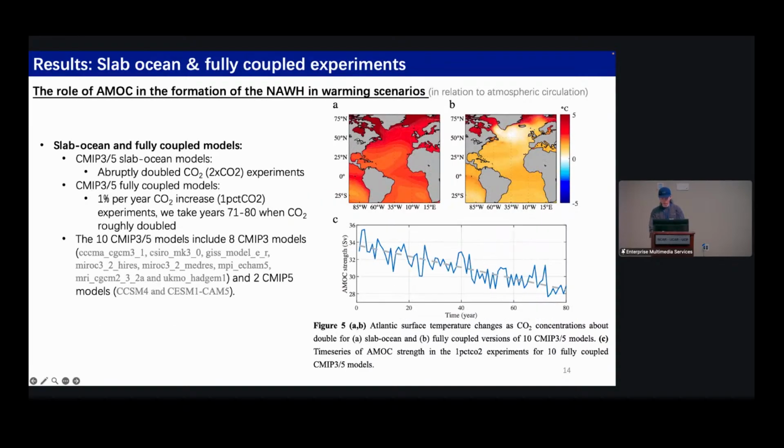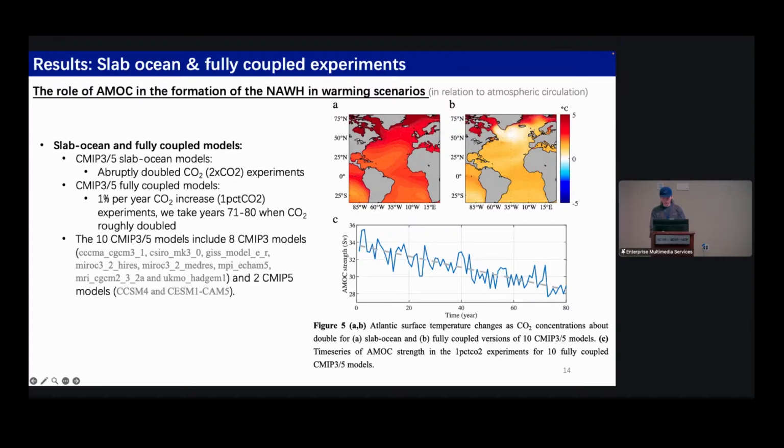The next part is to investigate the role of the AMOC in the warming hole formation process compared to the atmospheric forcings. First, we compare the slab ocean and fully coupled experiments in 10 CMIP3 and CMIP5 models. For slab ocean models, we use abruptly doubled CO2 experiments, as shown in panel A here, with no warming hole.